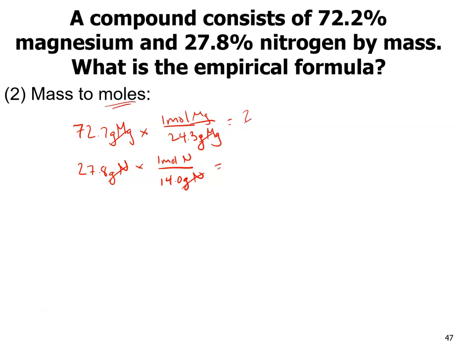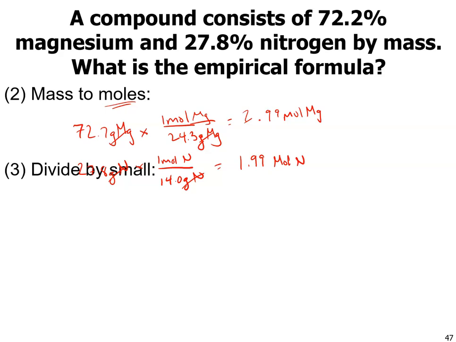When I do that, I get 2.99 and 1.99 as rounded answers. And so that is the mass to moles. So I know this is the number of moles of magnesium and moles of nitrogen.